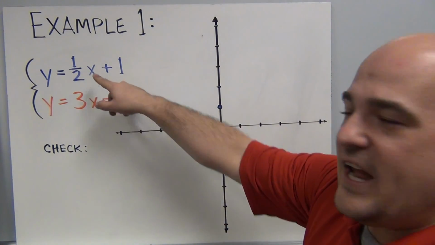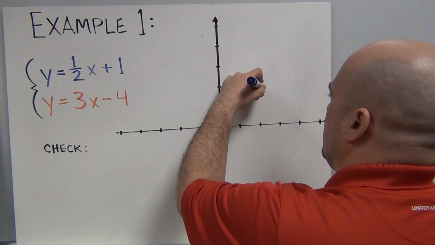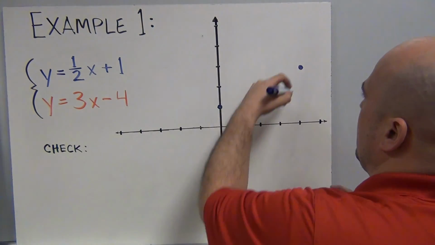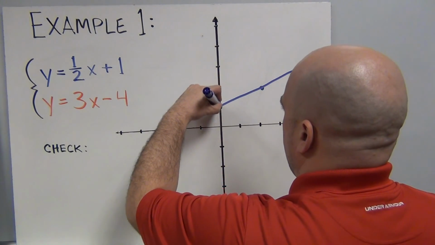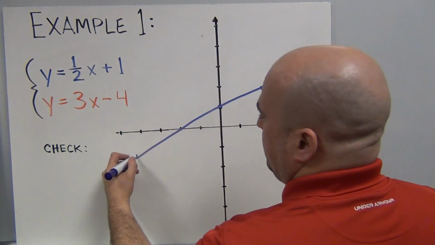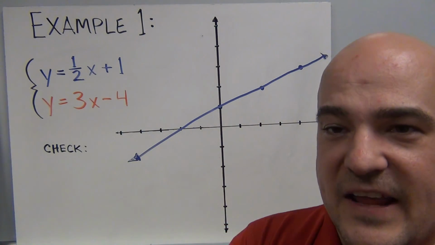My slope is 1/2, so I'm going to go up 1 over 2. Okay, so I'm going to end up with a line that looks something like that.